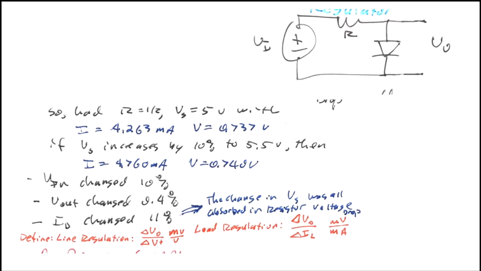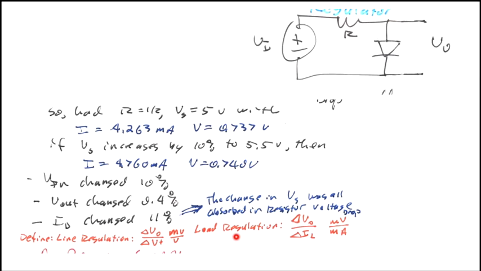And a couple of definitions that you need to do homework, perhaps, or to know exist, because they come up in specifications for power supplies. You can define line regulation as the change in the output voltage over the change in the source voltage, V plus, or Vin, and the units there would be millivolts per volt.